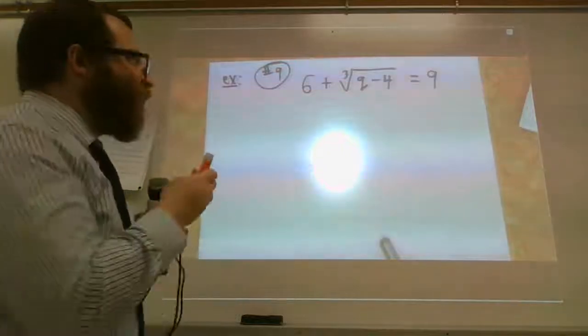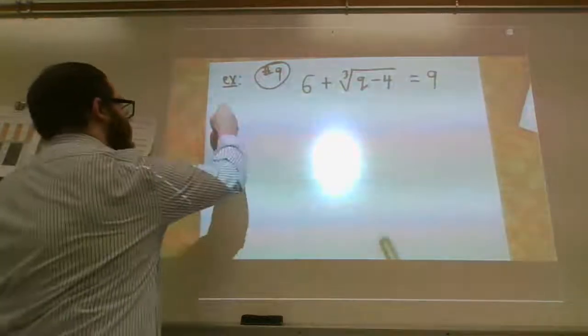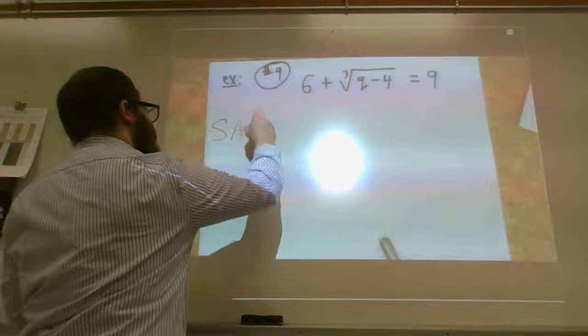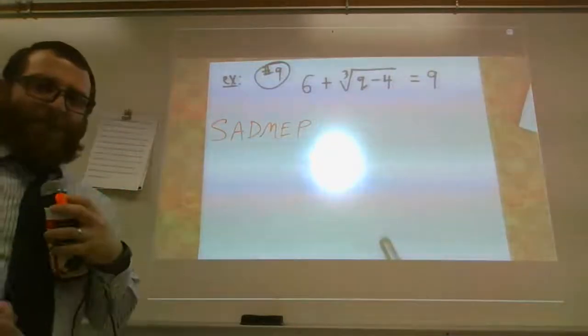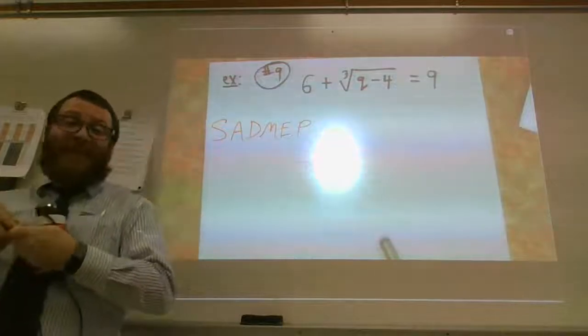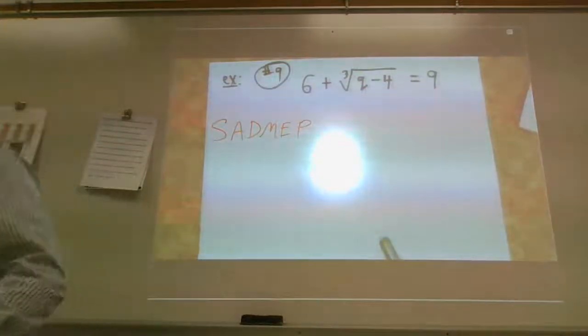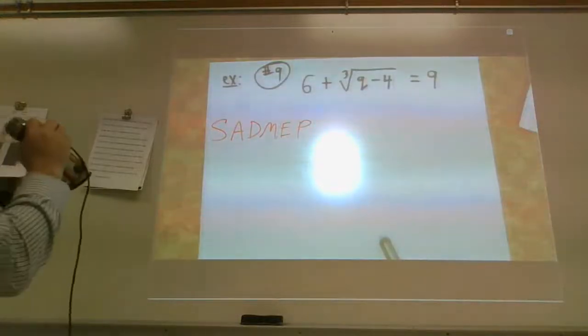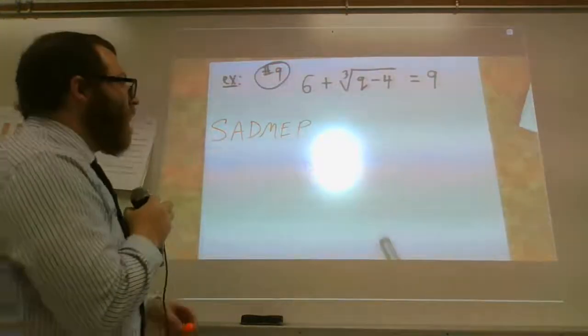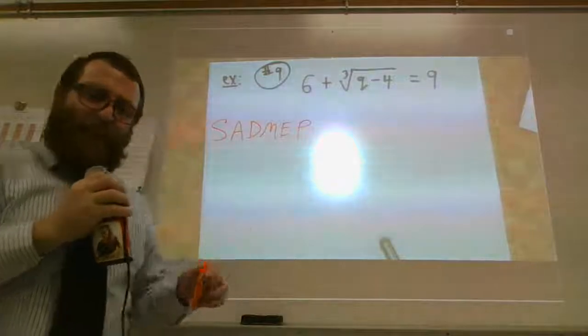The order in which you peel them off is PEMDAS backwards, or SADMAP. SADMAP, trademark. I said trademark, so now I own it. But it works the same way as PEMDAS, just backwards.